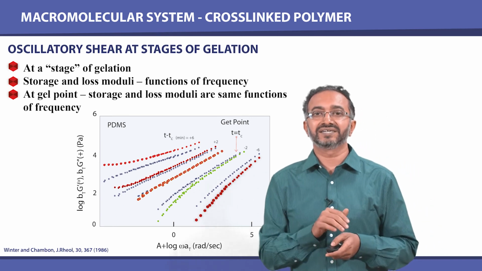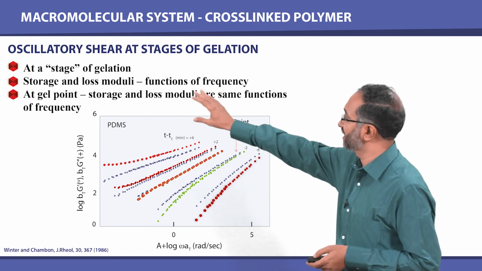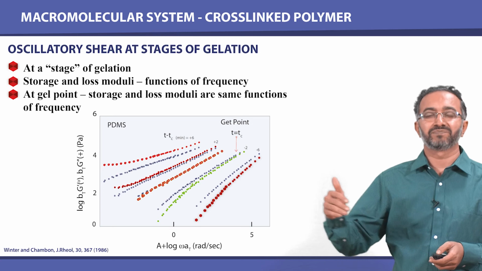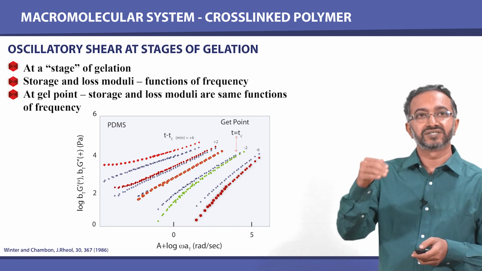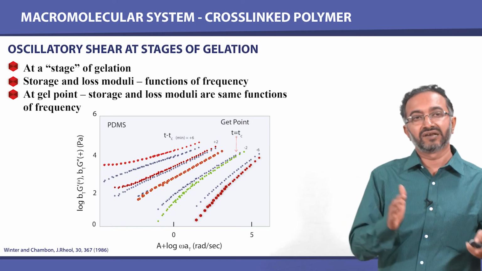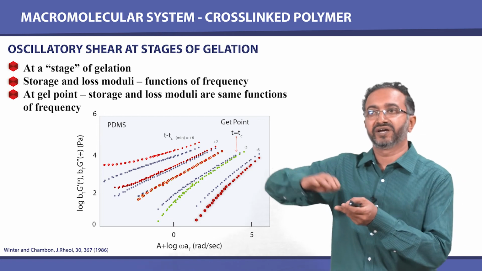So, let us look at the data at these different times. This is again classical data which shows what happens to the sample at the gel point and a little bit away from it, both when the gel has not yet formed as we approach the gel point, and once the gel has formed and we go beyond.